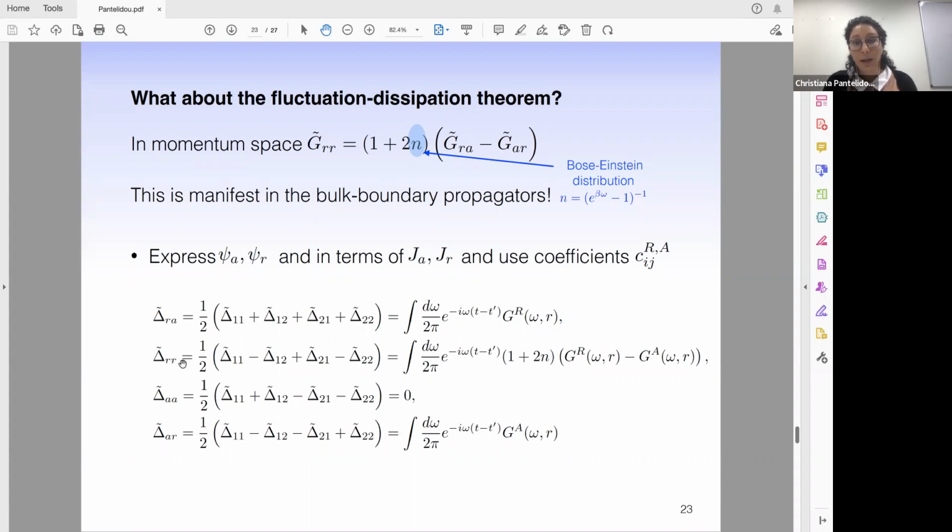And delta RR is essentially precisely the same as the fluctuation dissipation theorem. And this begs the question whether we can understand the generalized fluctuation dissipation theorem in this way as well.